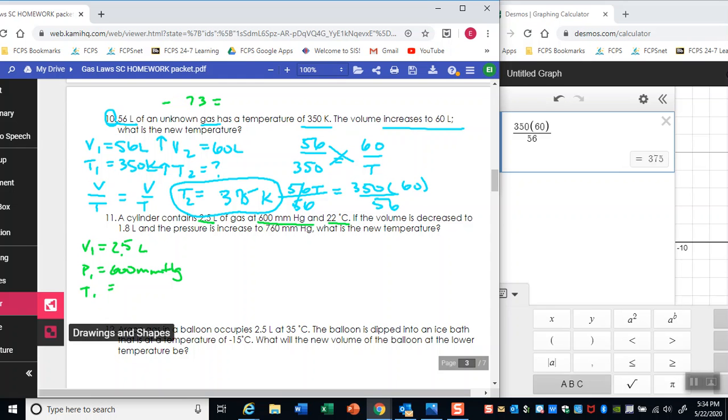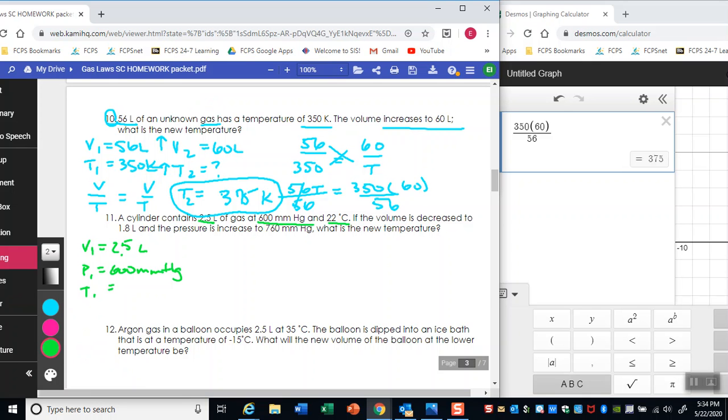I'll just do it right here, I guess. That makes more sense. 22 plus, the magic number is 273. So that would be 295 kelvins. All right. The volume is decreased, so I have a new volume of 1.8 liters, right?